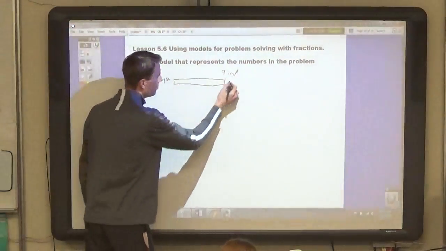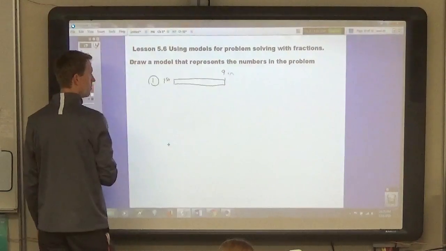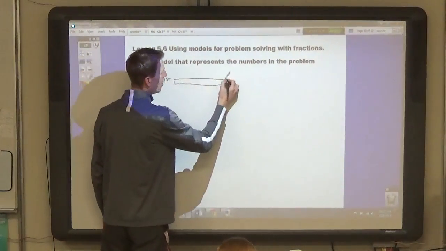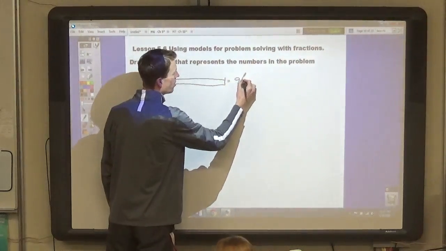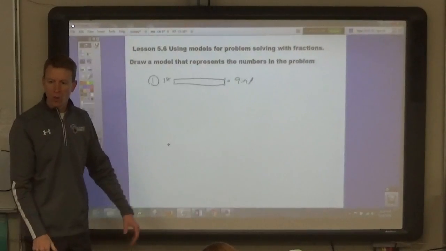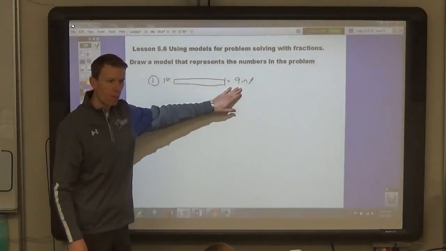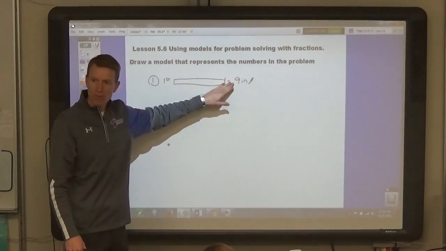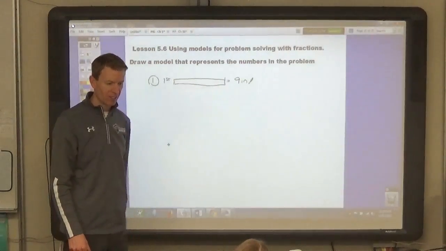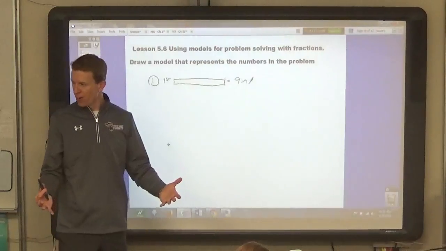Or you could write this equals 9 inches. They tell us that in the problem. So when you're drawing a model, you want to draw a box, and then if they give you a value for that box, you put the value next to the box. Very simple, right? So far?